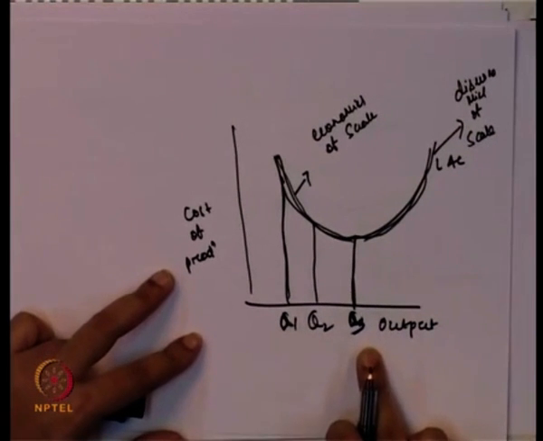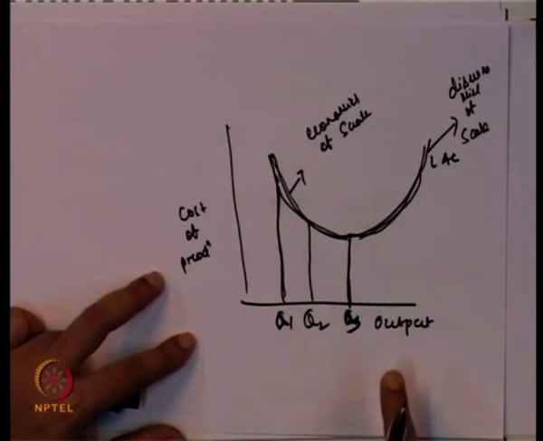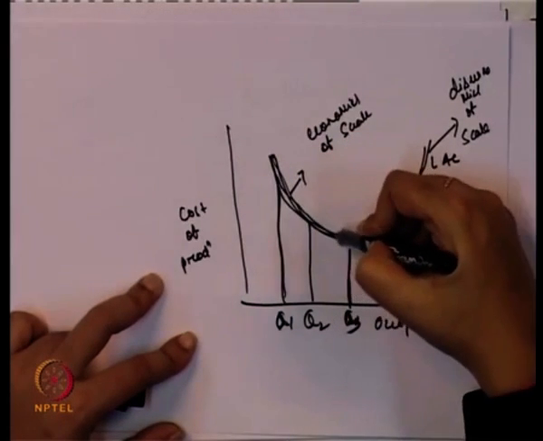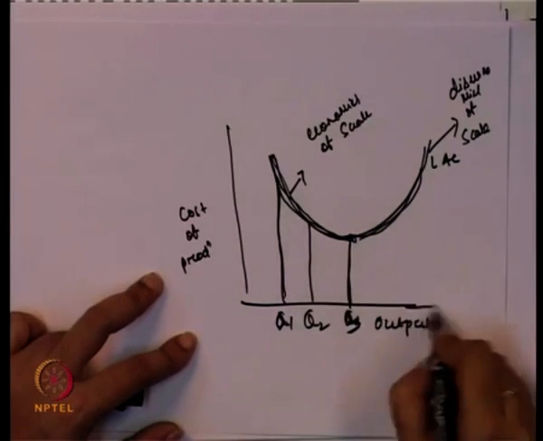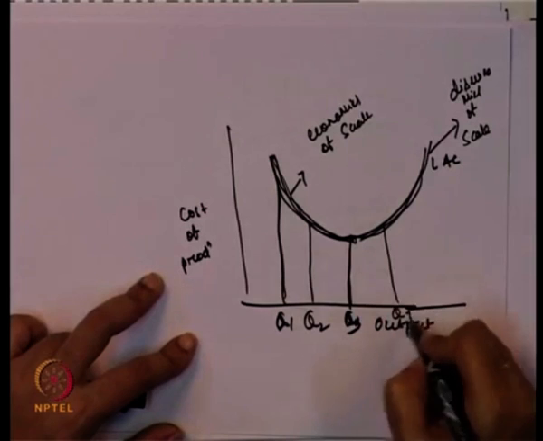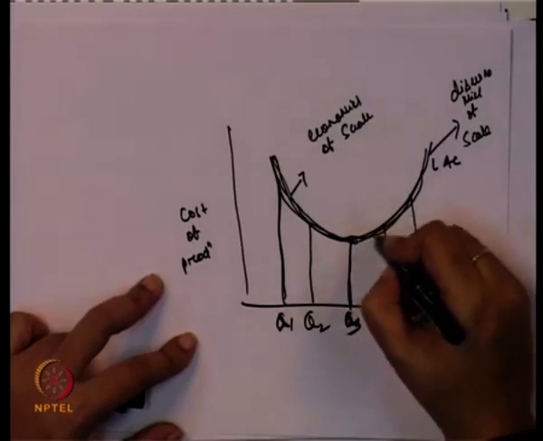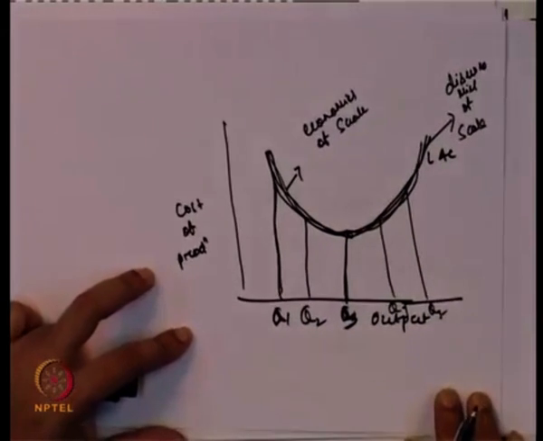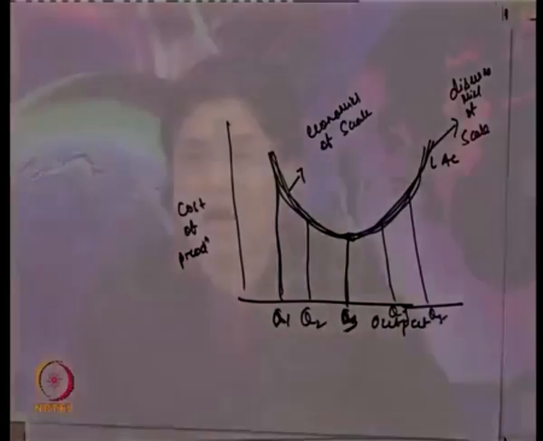This can be called the optimal output, because this is the level of output beyond which, if you increase output, the cost of production increases. Up to this is the evidence of economies of scale, and beyond this, if output still increases, the average cost per unit increases, and that is the evidence of diseconomies of scale.